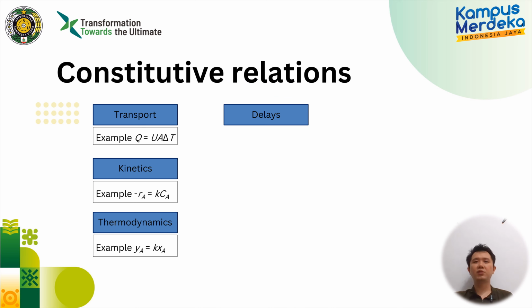We can also consider delays in our processes. Take liquid flow in this pipe as an example. If a temperature change occurred at time zero at the entrance, the exit will not experience change until later time.